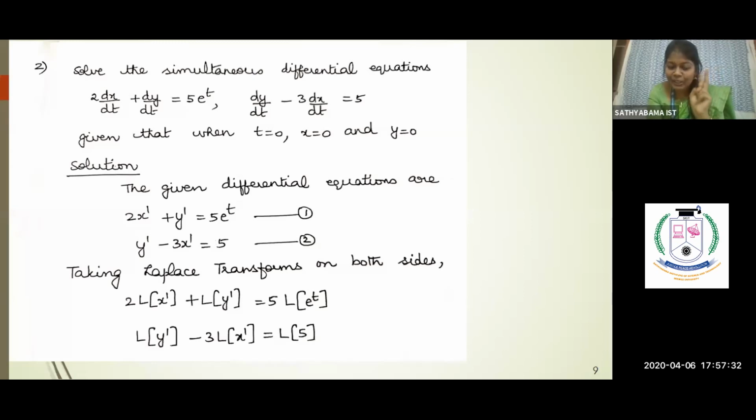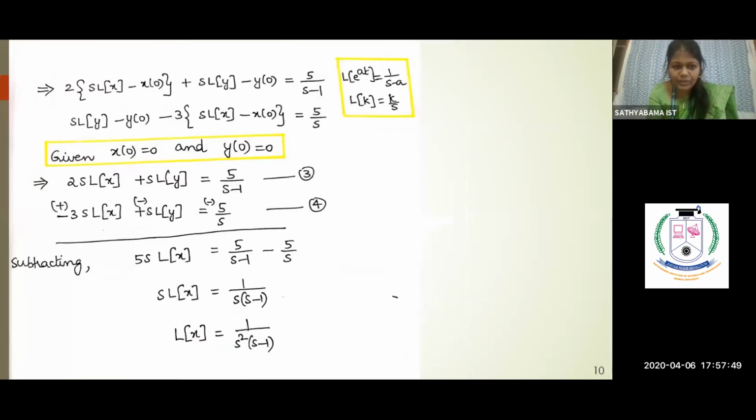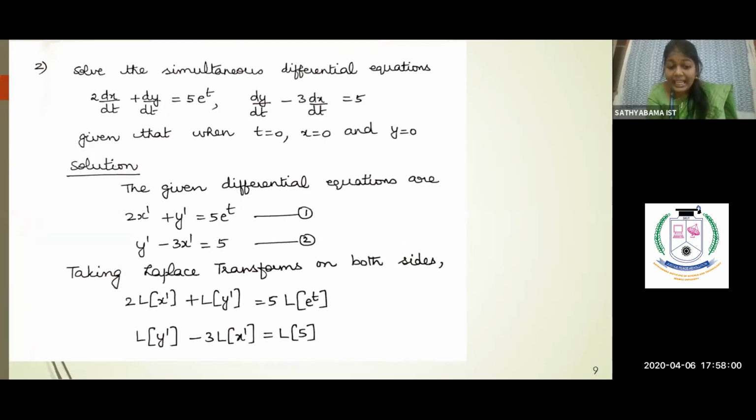Now, what do you think we will do in step 3? We will use the formula for L of x dash. We will use the formula for L of y dash. We will also write what is L of e power t, what is L of 5. Okay, so let's substitute. I'm going to substitute for the first equation first. Fine, so 2 into L of x dash. What is 2 into L of x dash? It is 2 into s L of x minus x of 0. I've simply used the formula for L of x dash plus L of y dash.